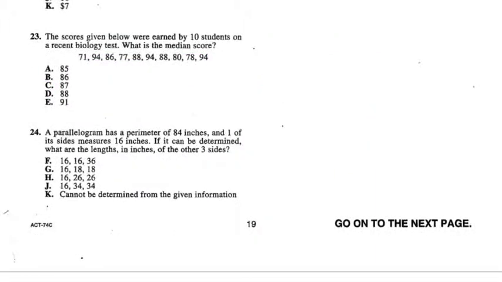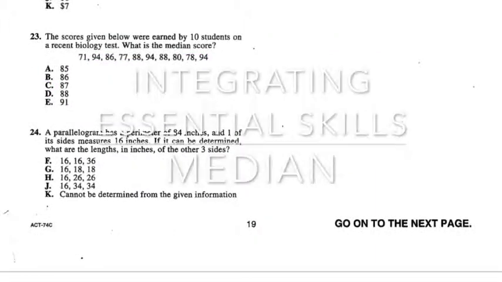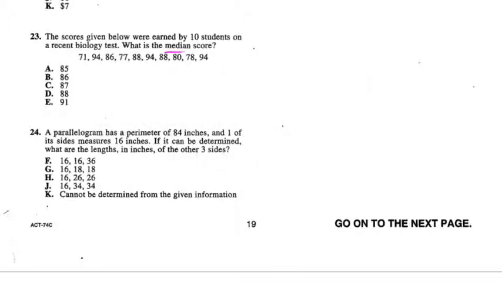Number 23 is an integrating essential skills question, and we are looking at median. The scores given below were earned by 10 students on a recent biology test. What is the median score? Since there are 10 students, the median is actually going to be the average of the two middle scores because there isn't an actual middle score with 10 scores.